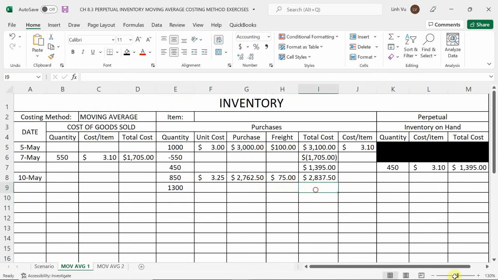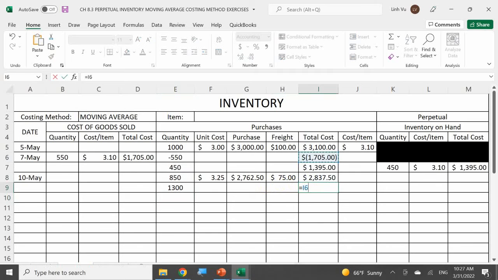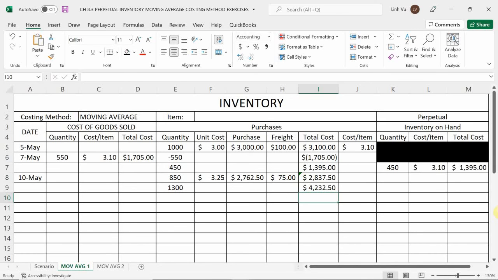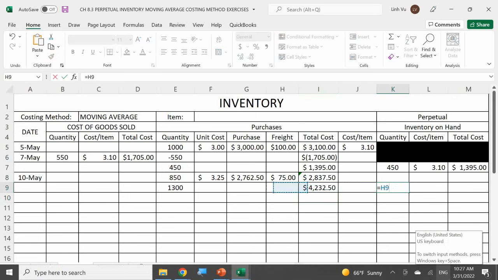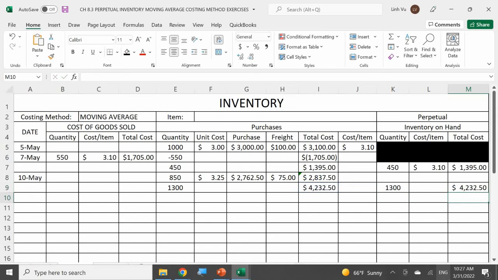Okay. I need to add my 13.95 plus my 2,837.50, right? Should give me $4,232.50. Okay. So once again, I'm going to stop here and pop it into my inventory worksheet on hand, saying I have 1,300 units at a total cost of $4,232.50.